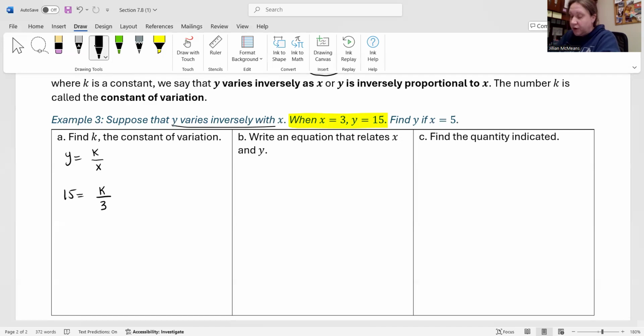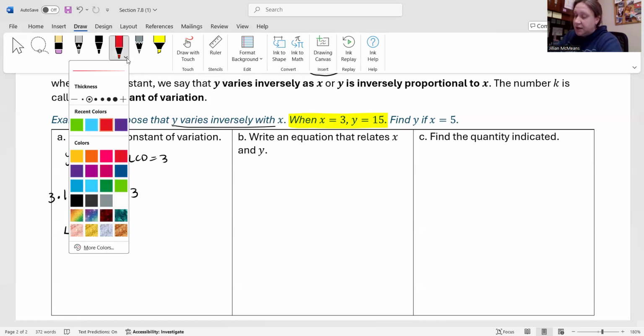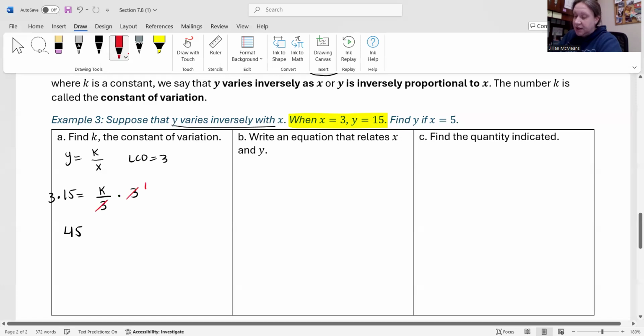So in order to solve for k, I want to multiply both sides of this equation by the LCD. The LCD here is 3. So I'm going to multiply right and left by 3. Well, 3 times 15 is just 45. And then k over 3 times 3, what happens here is this 3 in the denominator divides into the LCD one time.